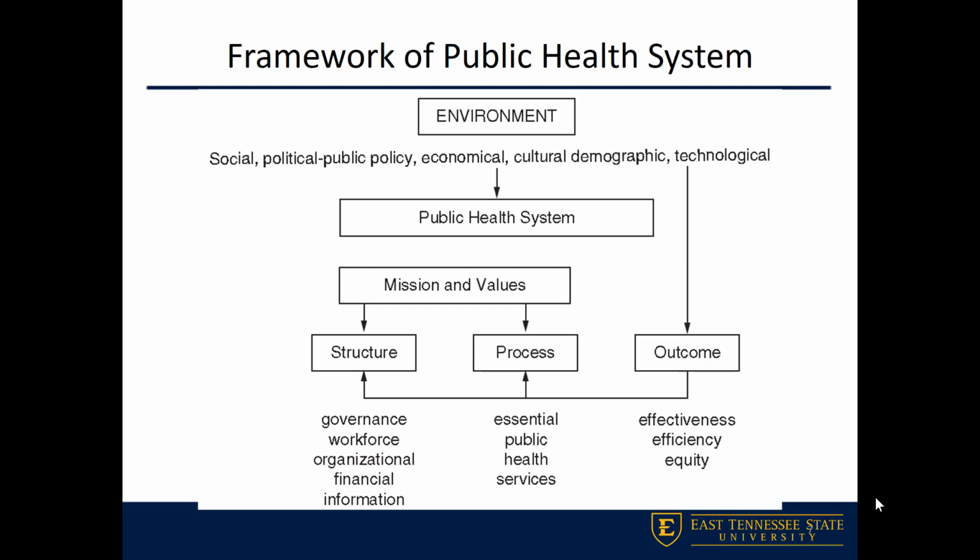So these are the things that are necessary to provide the processes, or the outputs, which are in this case defined as the essential public health services. So our structure includes our governance, and we'll talk a lot more about these different aspects of structure next week in our lecture.